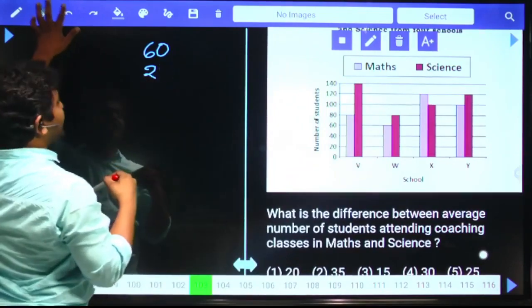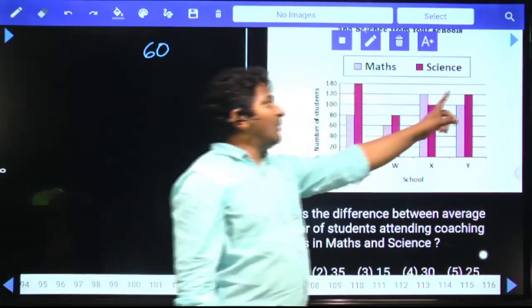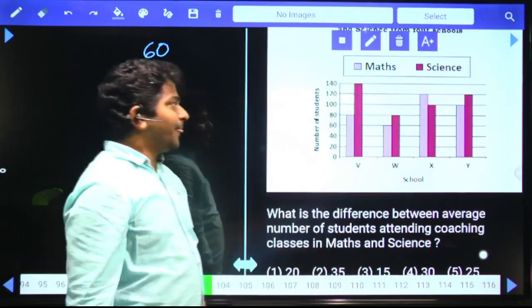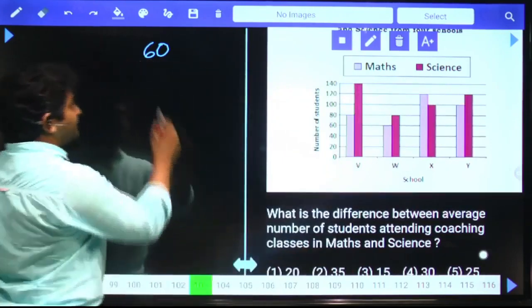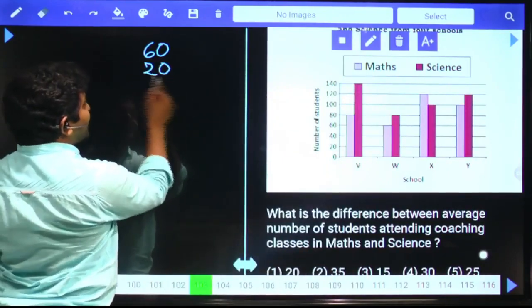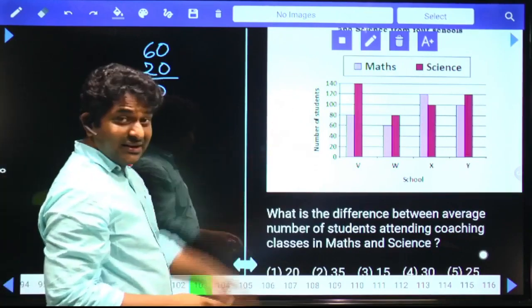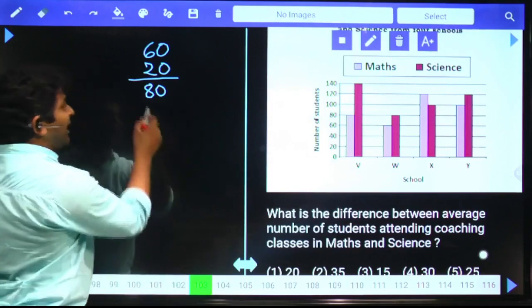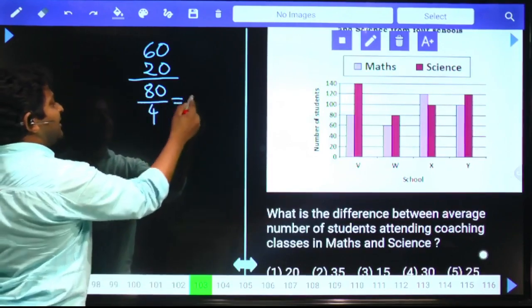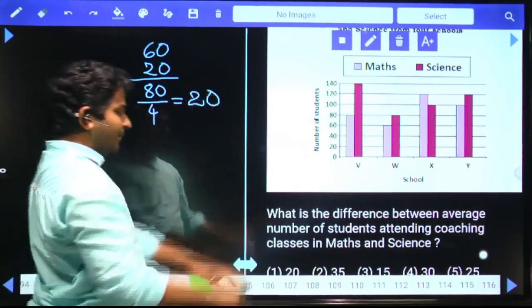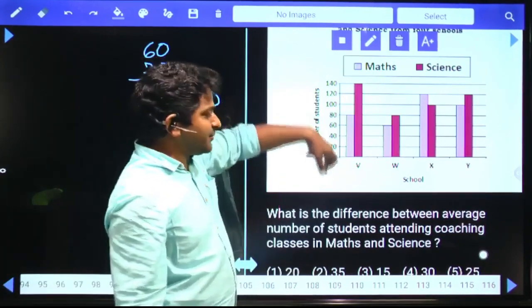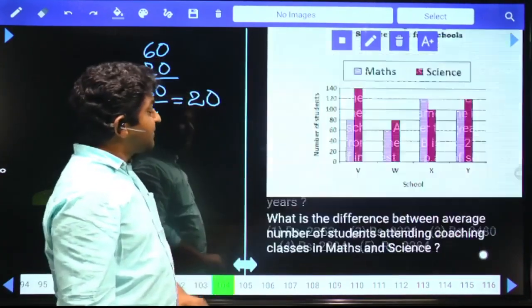Plus 20 minus 20 gets cancelled. 120 minus 100 is equal to 20. Now the positive number we have is 80. This is the difference between maths and science. To convert into average, divide by 4, that is equal to 20. 20 is our final answer, first option. Next.